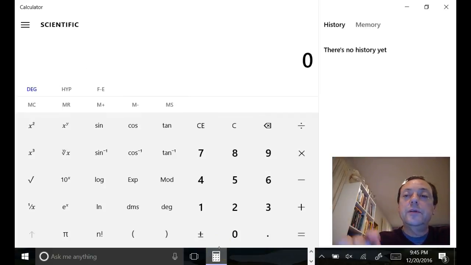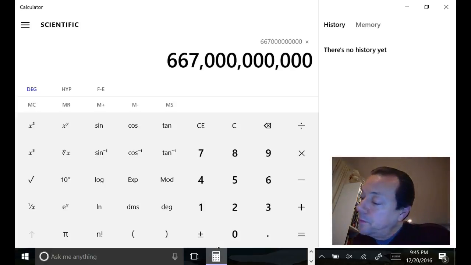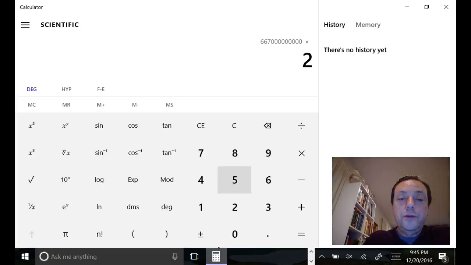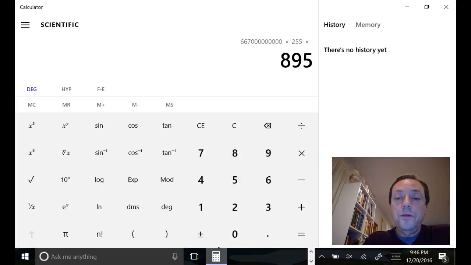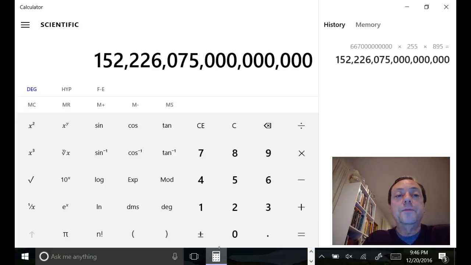Clear out the history. Okay. So 6.67 exponent minus 11 times 255 times 895 equals.